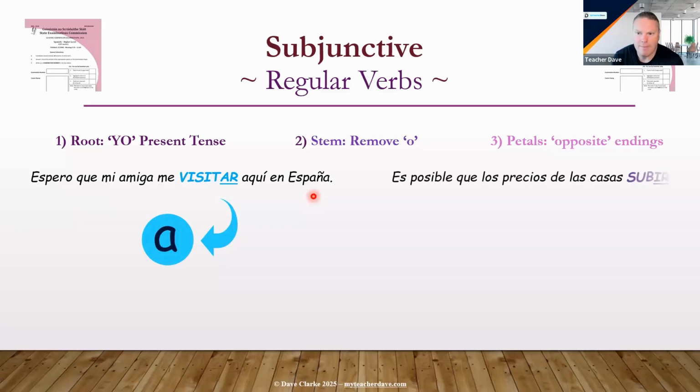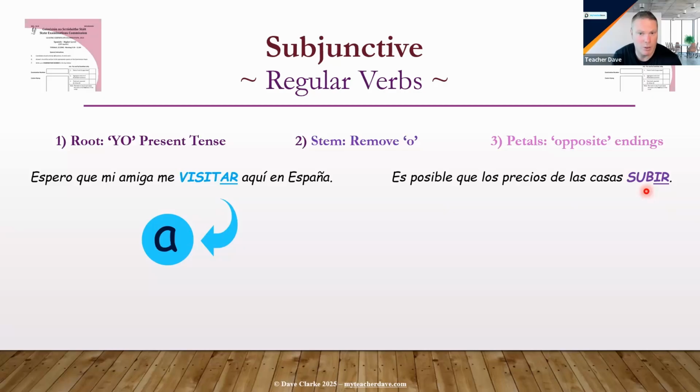Our next sample is es posible que. Again, it's one of those classic triggers for the subjunctive. Es posible que los precios de las casas, and then we have the verb subir. So it's possible that the prices of the houses, and subir is to go up.